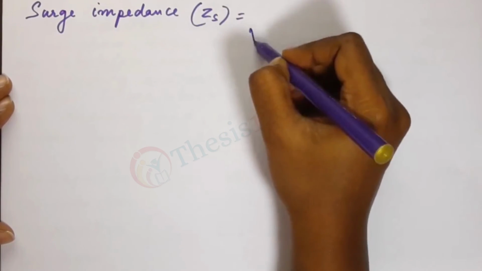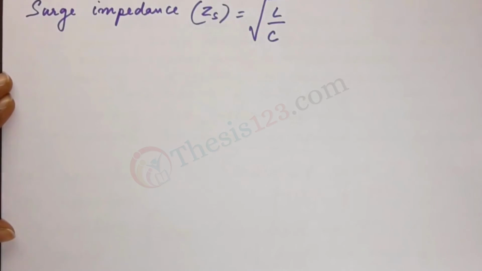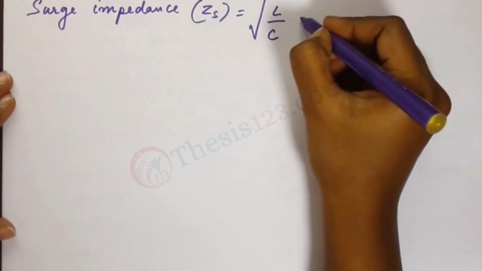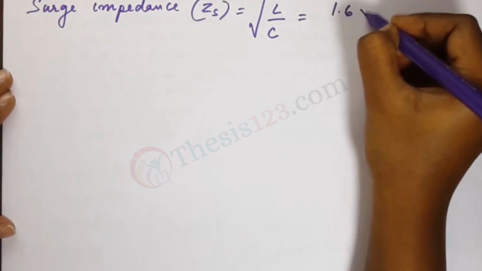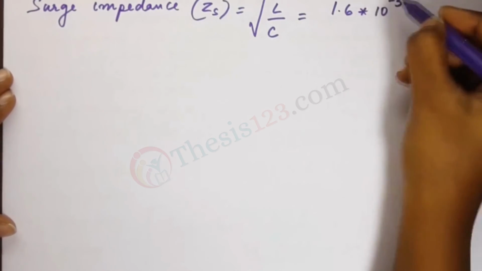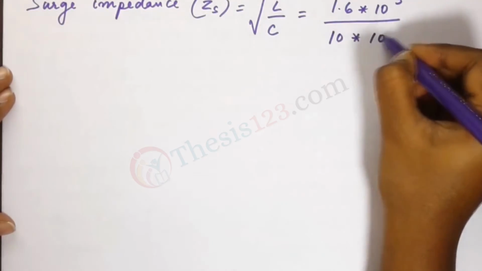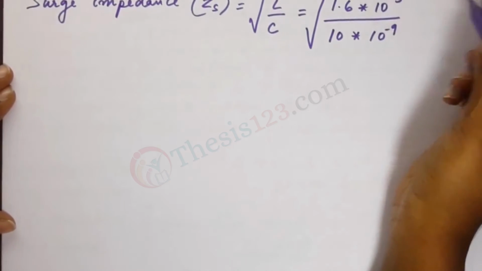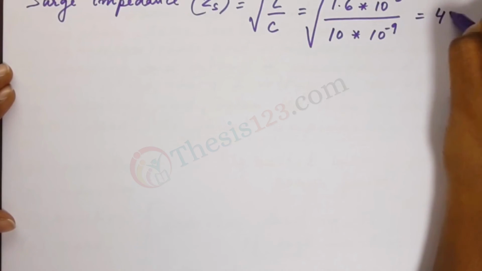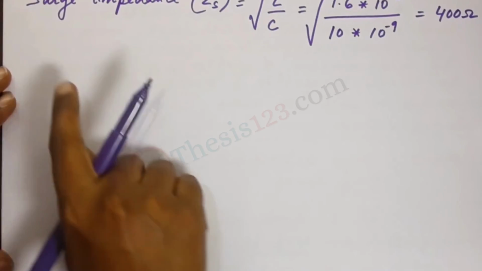ZS, the surge impedance, is given by root L by C. Substituting, L is 1.6 into 10 power minus 3 divided by capacitance 10 into 10 power minus 9, square root of that, and this comes around to 400 ohms. Okay, so we have the surge impedance.